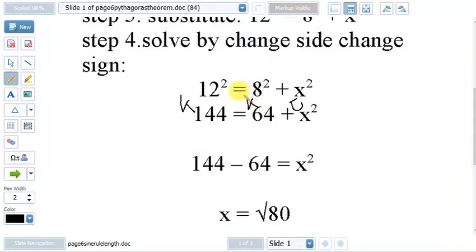So what we're trying to do by change side, change sign is to get unknowns on one side and knowns on the other. So what we do is we move the 64 across to the other side, and at the moment the sign in front of the 64 is a plus, so it becomes a negative when we move it across to the other side. So it becomes 144 take away 64 equals x squared.